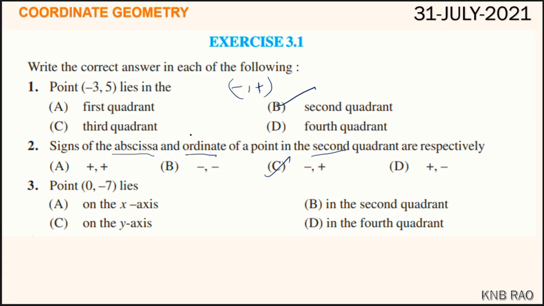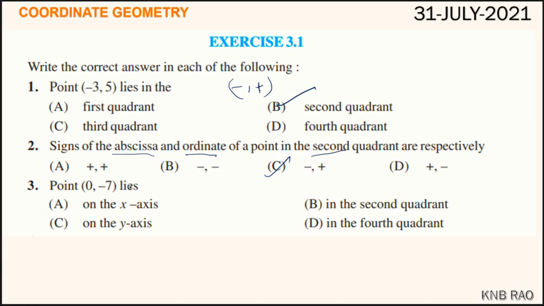Sometimes this may change to ordinate and abscissa. So see both important terms, in which quadrant, in which order. Normally it's asked abscissa comma ordinate only, which means x comma y. So minus comma plus. C is the right answer.